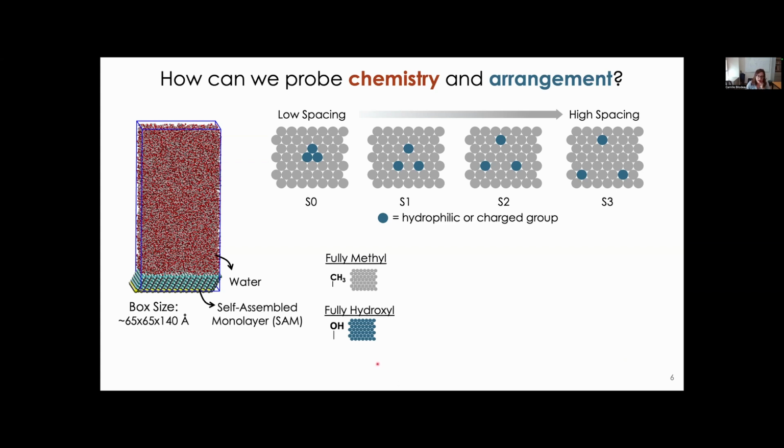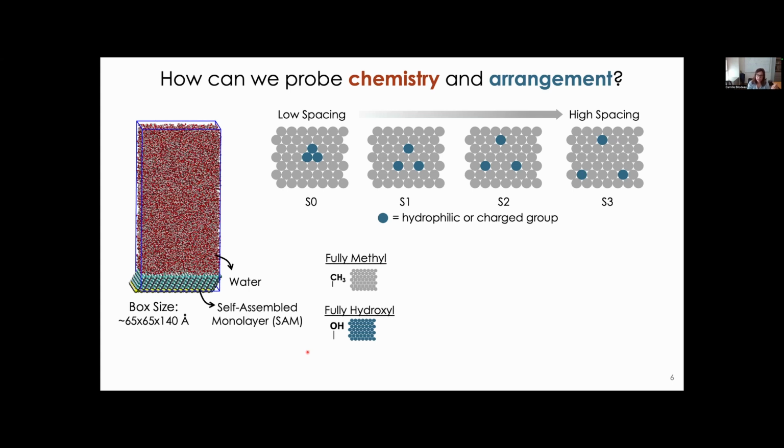We'll also have two control surfaces, one which is just a fully methyl terminated SAM surface, so this will be our idealized hydrophobic surface, and a second surface that is our ideally hydrophilic surface, which is all terminated in hydroxyl groups.